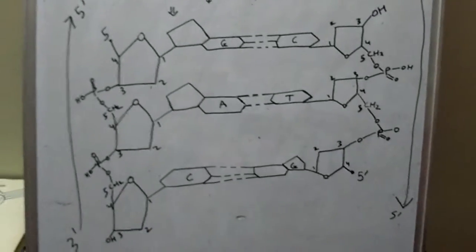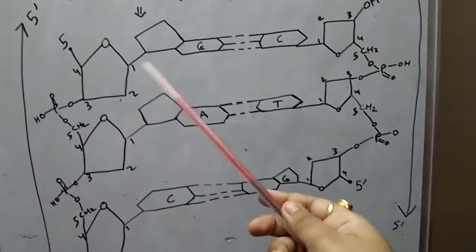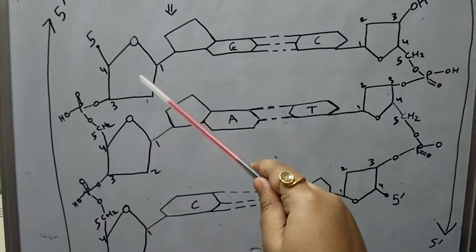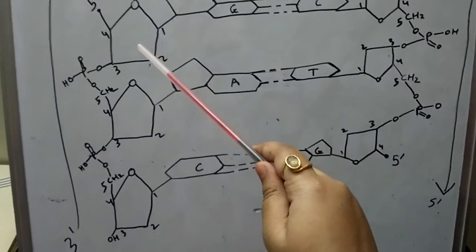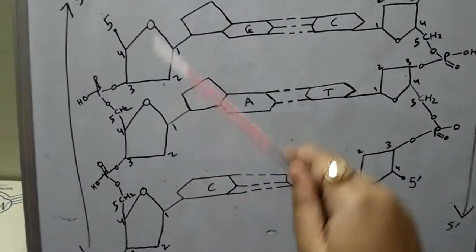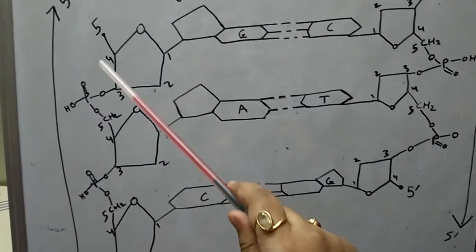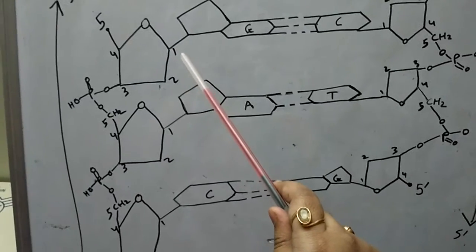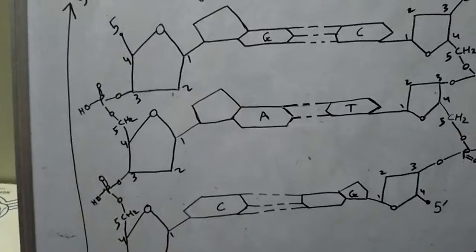If you see here very systematically, I will explain you. This is the sugar structure, or the deoxyribose sugar. I have drawn 3 such sugars here, one after the other, like this. Now number every single carbon present on this sugar structure, starting from carbon number 1, 2, 3, 4 and 5.